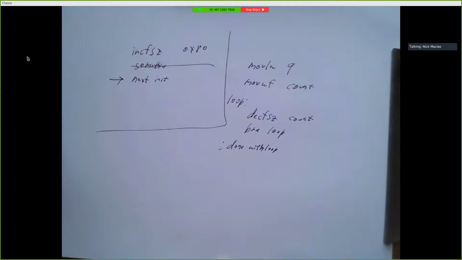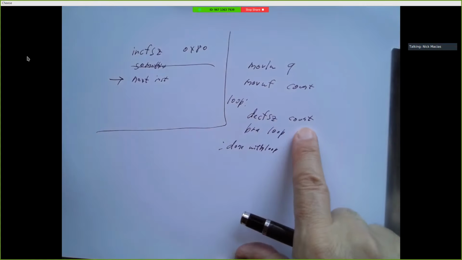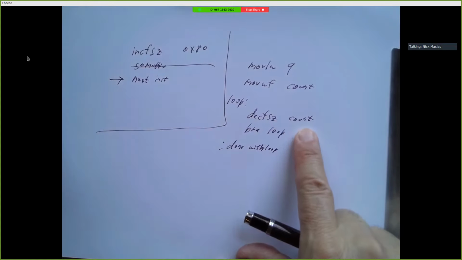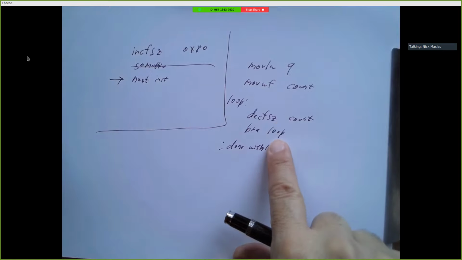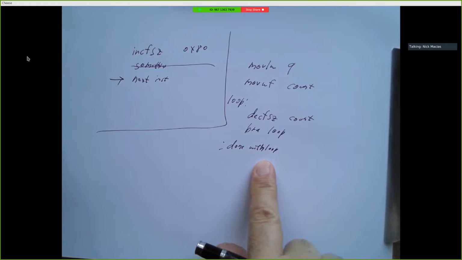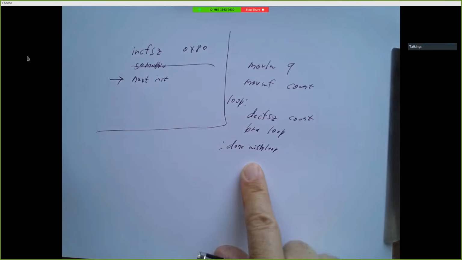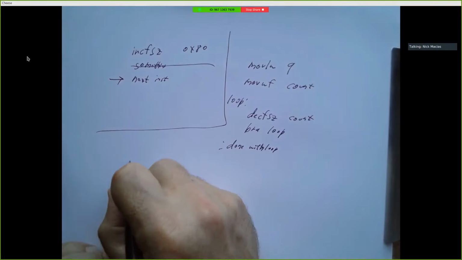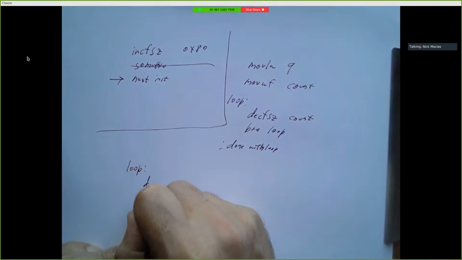But if count is equal to 1, and we say decrement file and skip if 0, count will get decremented to 0, and since 0 is 0, it will skip this next instruction, which is a branch, and will do whatever is down here, whatever this next instruction is. Okay, this is the same thing as this.